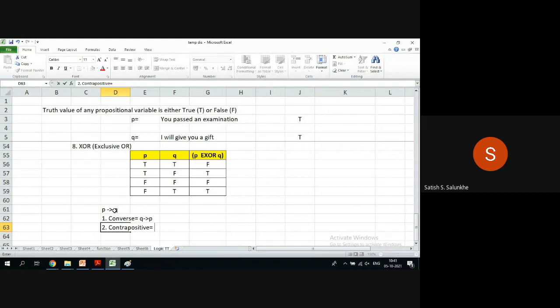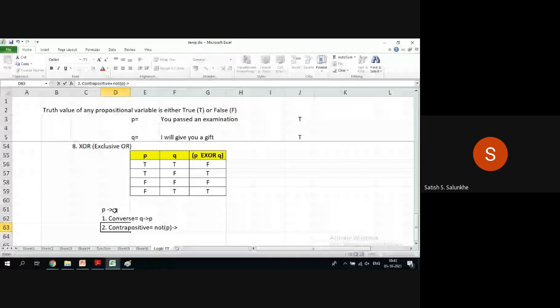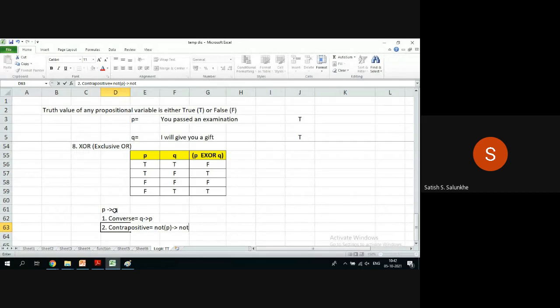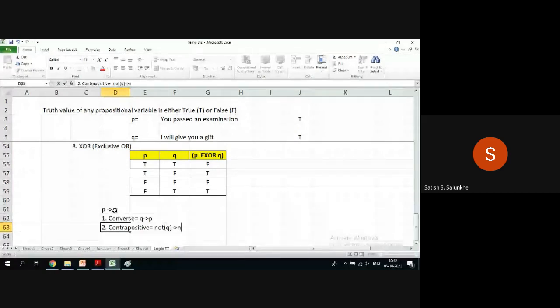It is not of Q implies not of P. I will discuss it with an example.